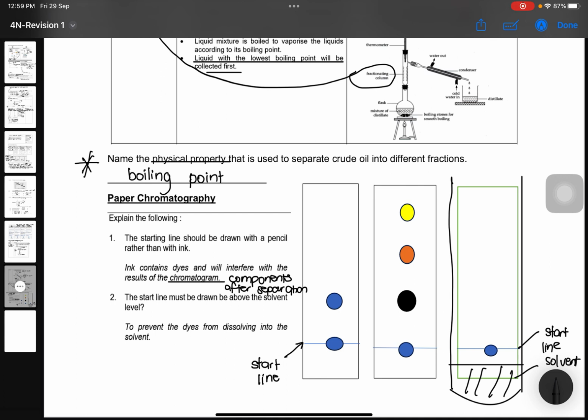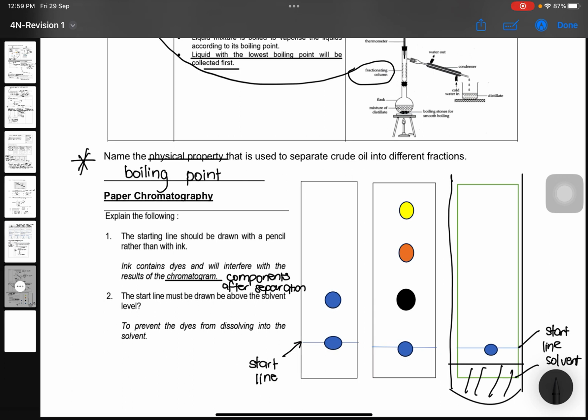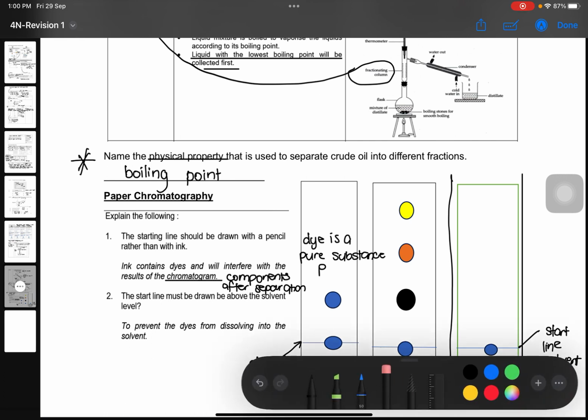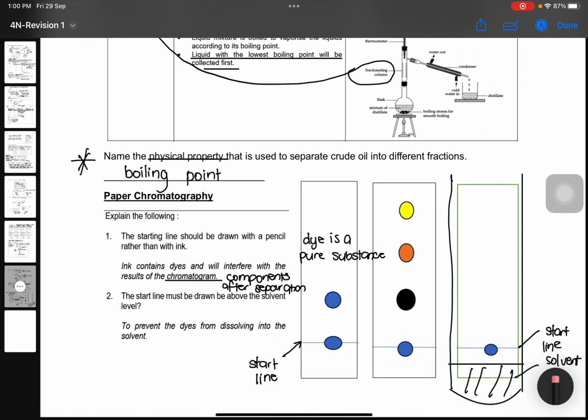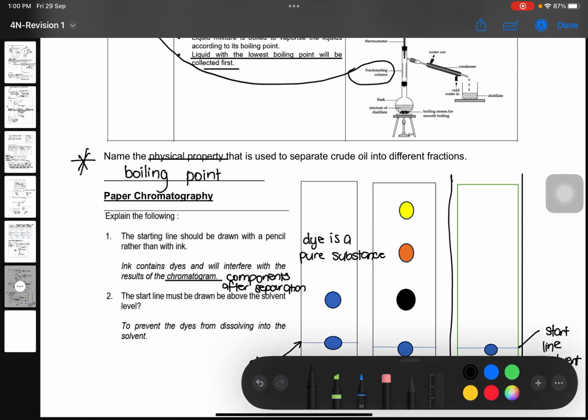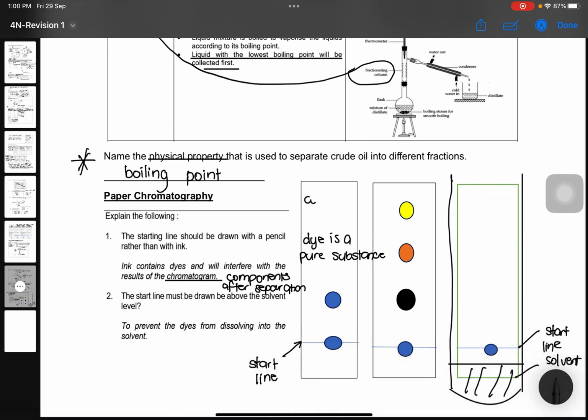So what can you conclude? If they ask you for a conclusion, if this is one spot, this means that the dye is a pure substance. A pure substance only has one spot. So this is your conclusion if you are given this diagram.